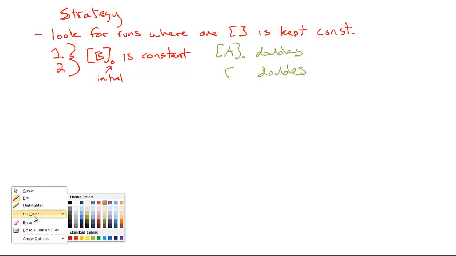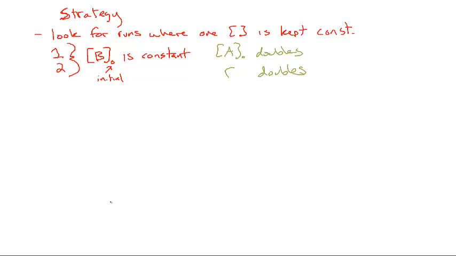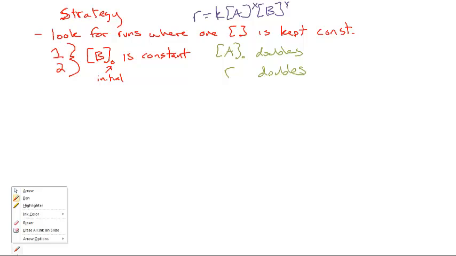I heard purple first. I kept B constant. What exponent goes in there? Yes, 1. So I know now that x has to equal 1. We haven't gotten into what that means yet. Just know that the exponent, which means the order of the reaction, is 1 with respect to A.